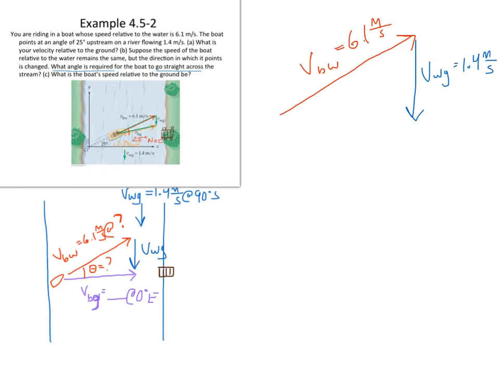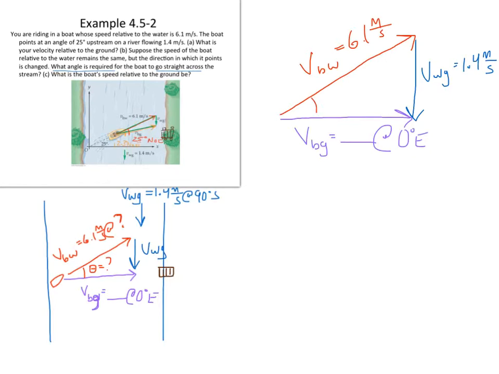And we know that we want the boat to take a path. We don't know the magnitude, but we do know that the direction, the velocity of the boat with respect to the ground, is going to be something, but we know it's going to be at 0 degrees east, or just due east. Okay?